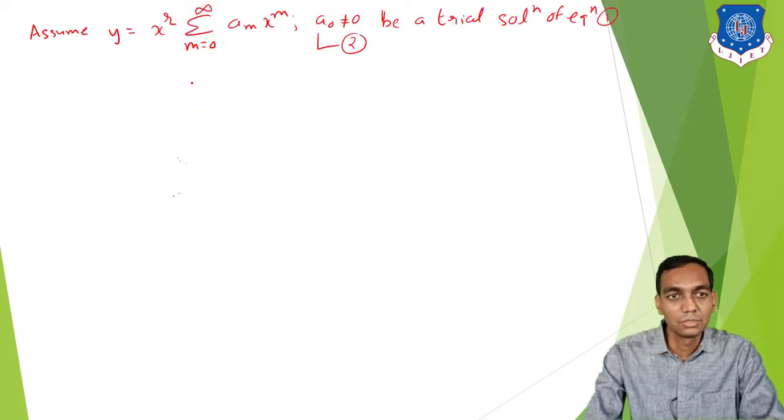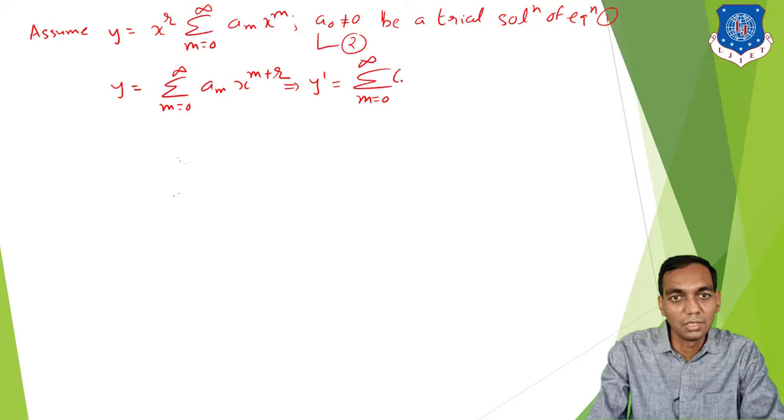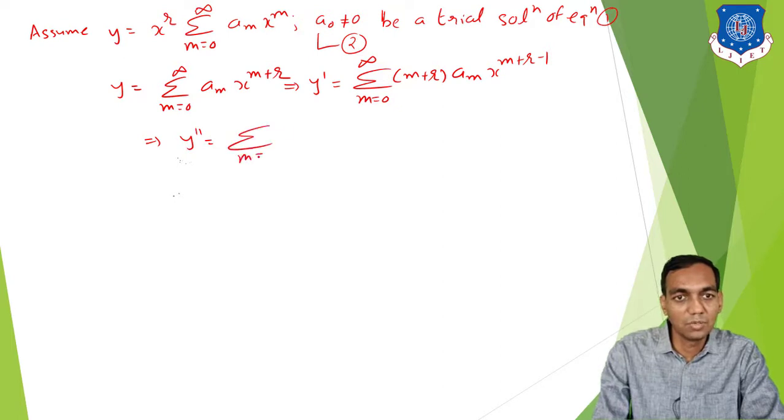So y is going to be sigma m running from 0 to infinity a m x raised to m plus r, and that will give you y dash is equal to sigma m running from 0 to infinity m plus r a m x raised to m plus r minus 1, and y double dash will be sigma m running from 0 to infinity m plus r into m plus r minus 1 a m x raised to m plus r minus 2.